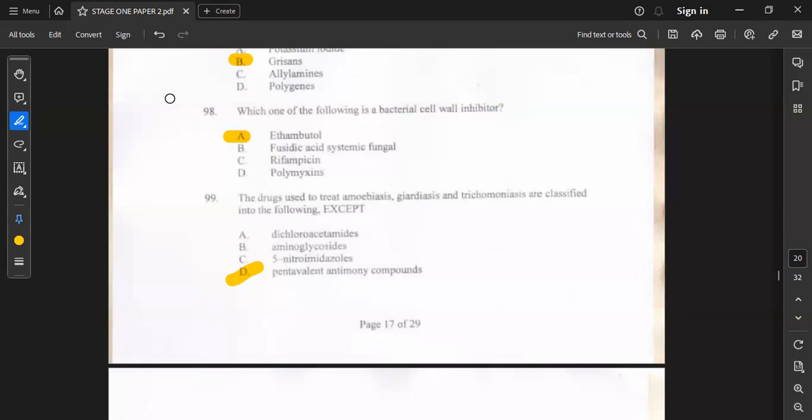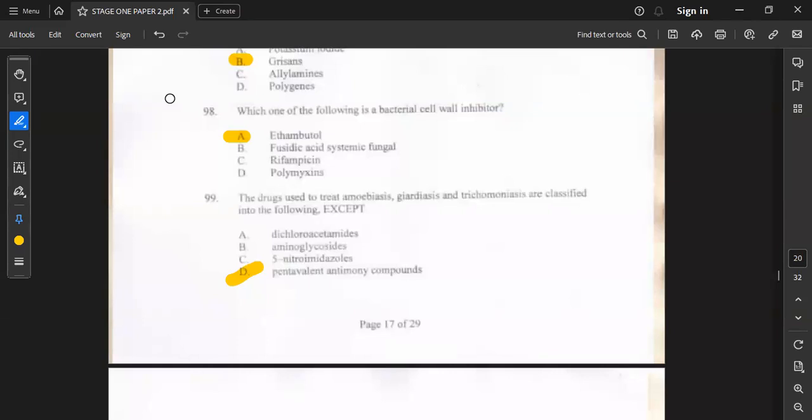We have the amoebiasis classification: the one that attacks the intestine, and the extraintestinal. Under treatment, we have to target the luminal amoebiasis and the extraluminal, which may target the liver.